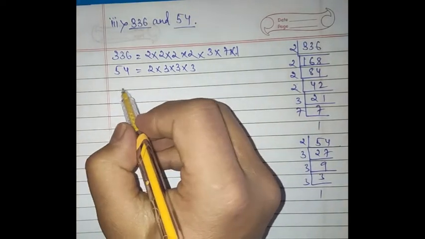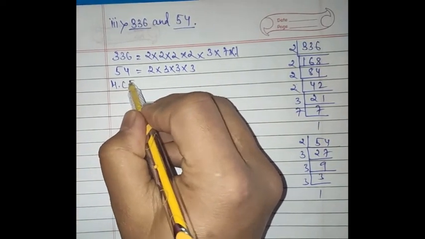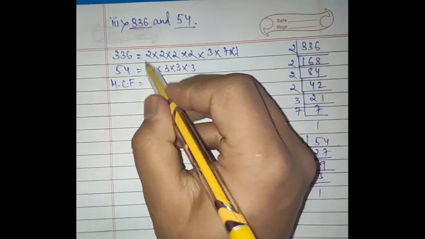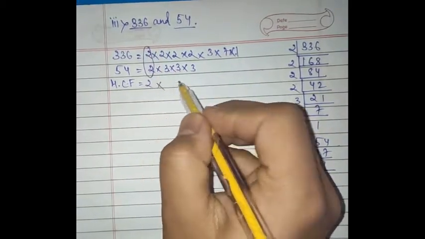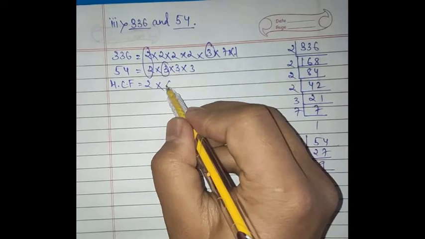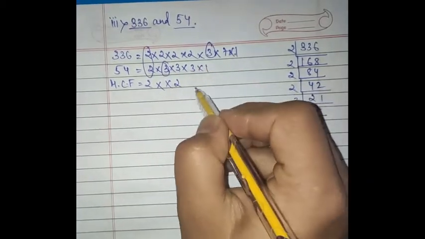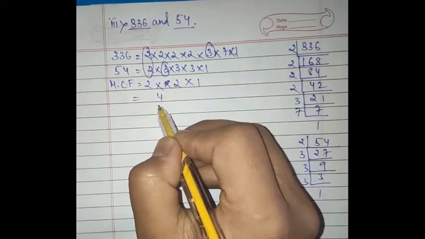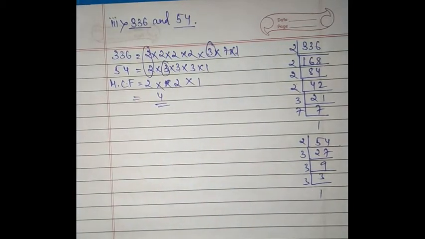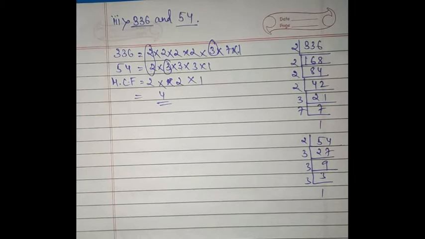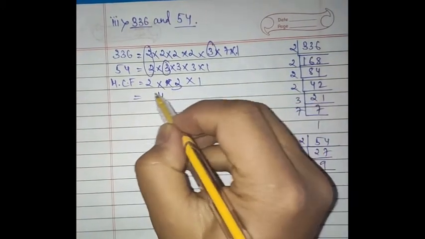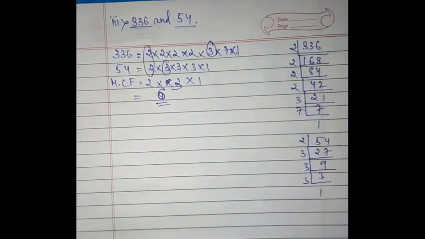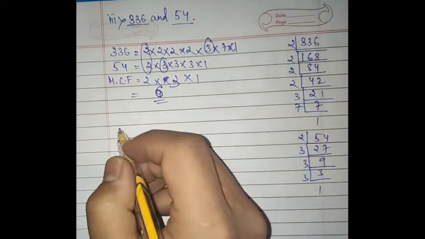Okay, so now our HCF is 2 here. So this 3 is also getting matched and 1 is getting matched. So we can write 2 to the 4, 4 is the HCF. Alright. Oh, extremely sorry. 3 was getting matched, so 2 into 3 is 6. Alright, so 2 into 3 is 6.